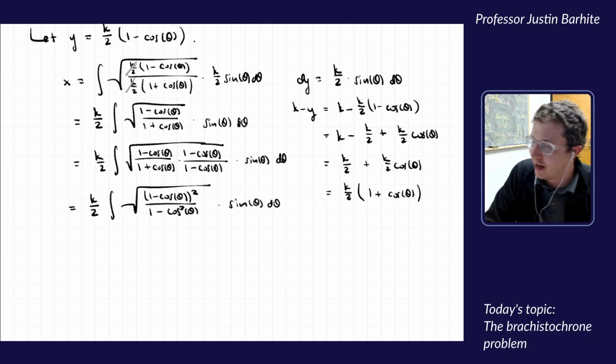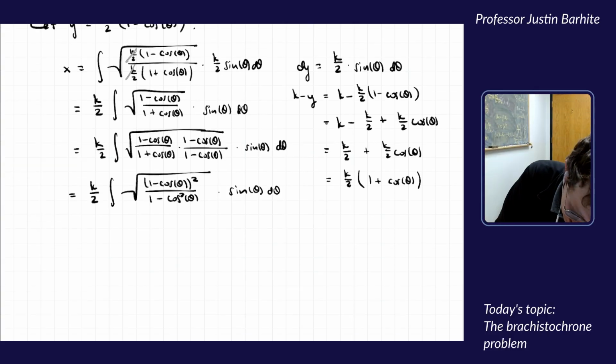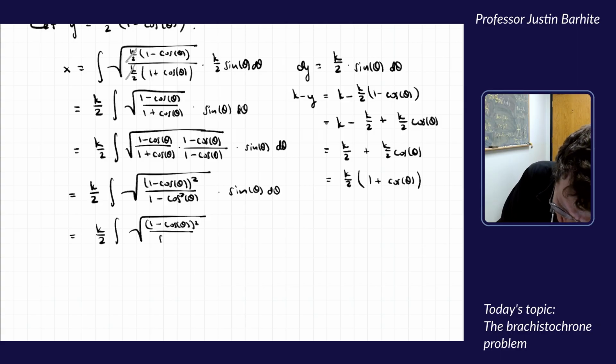Sine squared theta. Rev 66 has got it. That's the most important trigonometric identity. That is equal to sine squared of theta.